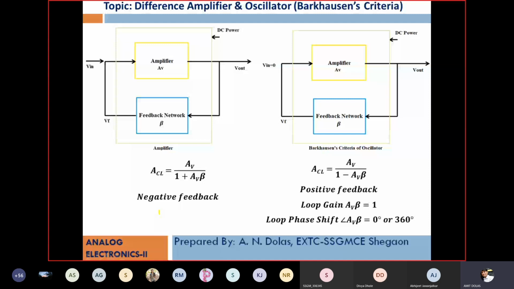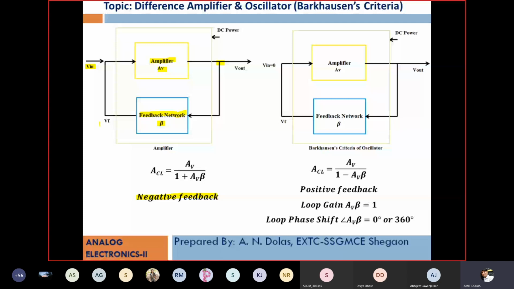The amplifier has feedback, which is negative feedback, and in the first diagram, the input is applied to the amplifier whose gain is AV, and part of the output is taken by the feedback network and mixed with the input. The feedback factor is called beta, and the feedback voltage is Vf, which is mixed with the input, and we get the output.